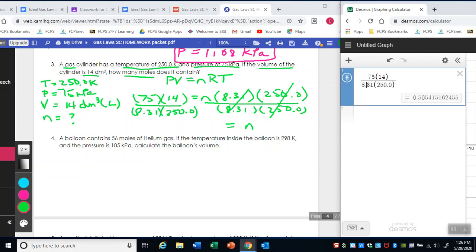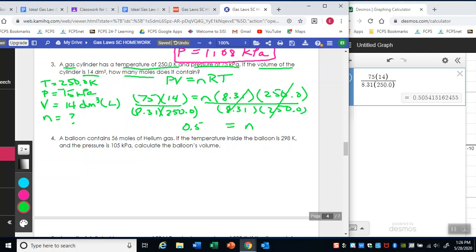Okay. So now significant digits, I've got basically 75 and 14. That's just two significant digits. So if I was going to do this out to two significant digits, that would be 0.5, and then I've got a 0.